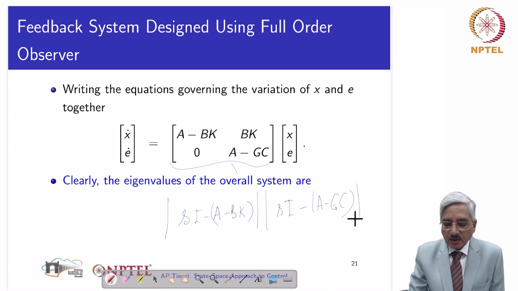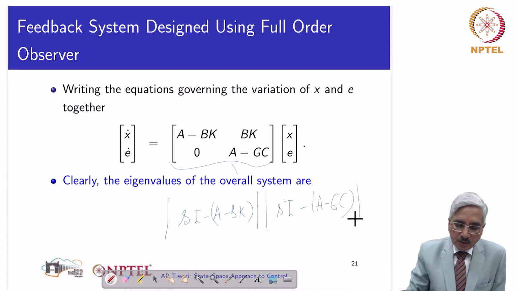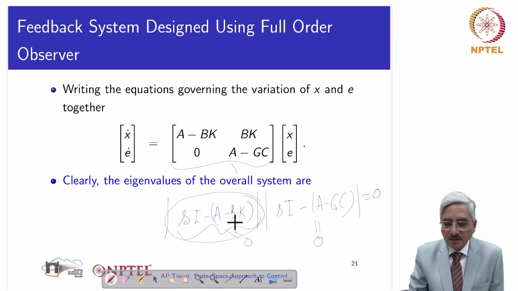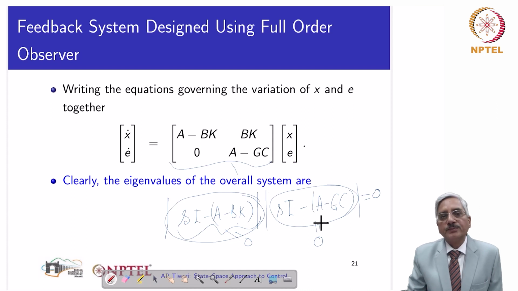Because this is upper triangular, it gets this form, and that is why if this has to be 0, this has to be 0 and this has to be 0 separately, and this 0 gives the eigenvalues of A minus BK, and this 0 gives the eigenvalues of A minus GC.